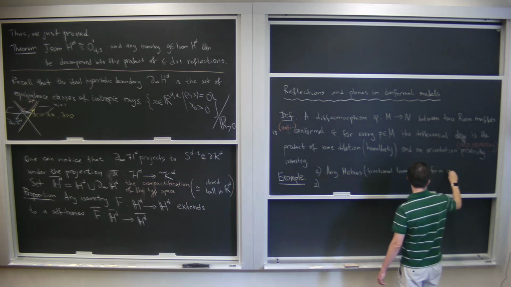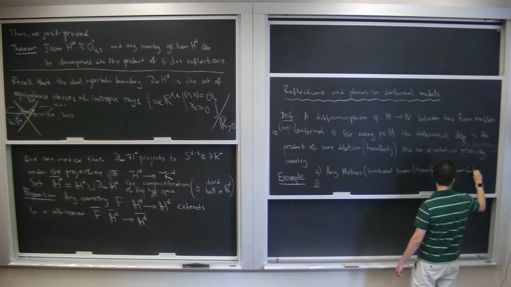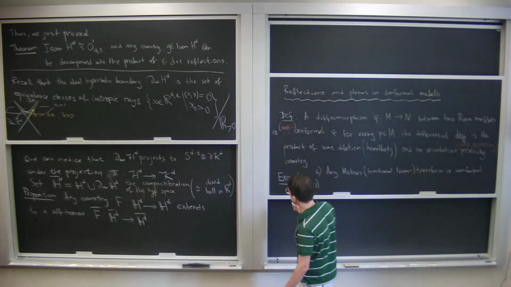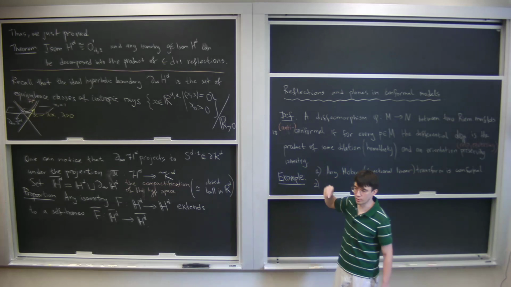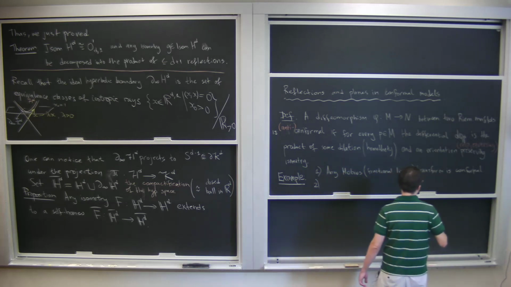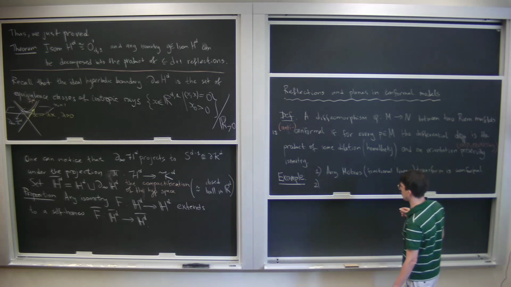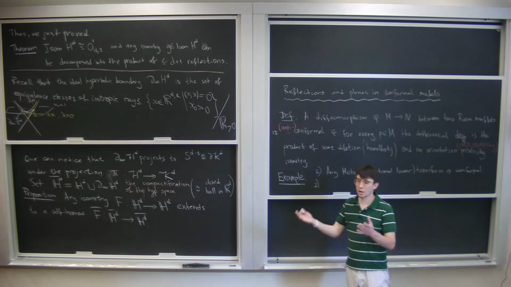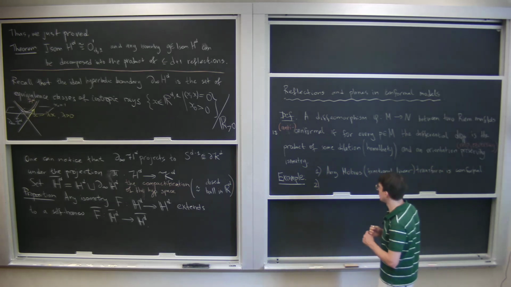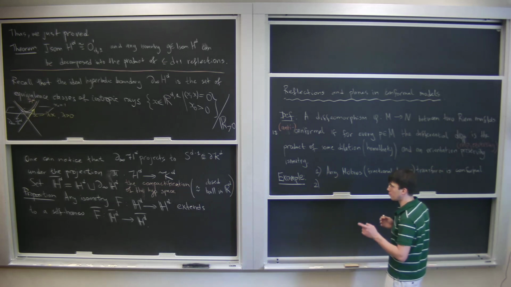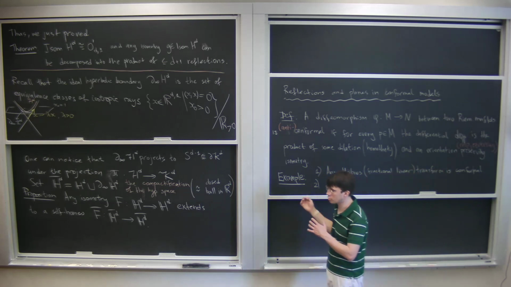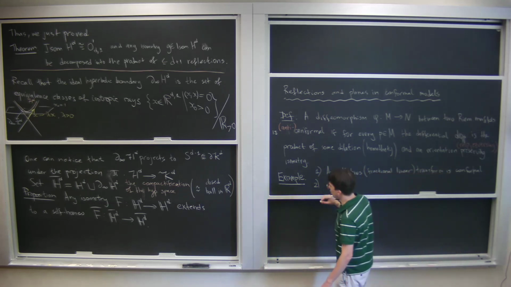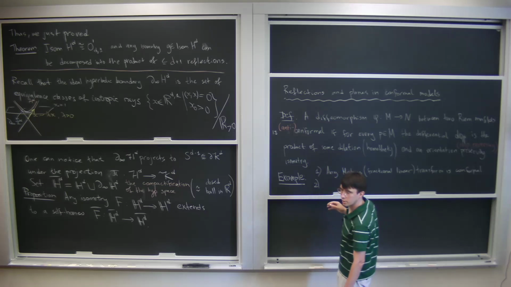This includes the example -1 over z, which is a composition of an inversion with respect to a sphere and a reflection. But for instance, any reflection is anticonformal.